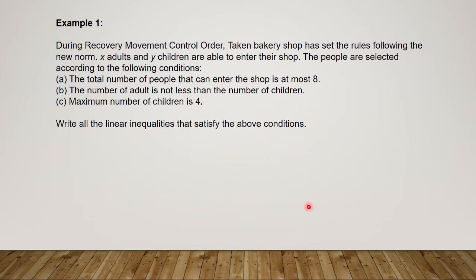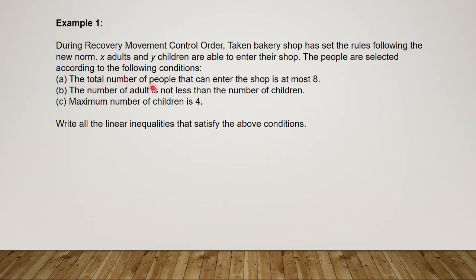Okay, now we look at example 1 here. During the recovery movement control order, the MCO, Taken Bakery Shop has set the rules following the new norm. X adults and Y children are able to enter their shop. The people are selected according to the following conditions. So we are going to find out what linear inequalities are going to be represented over here.